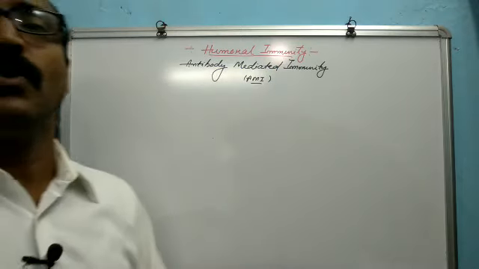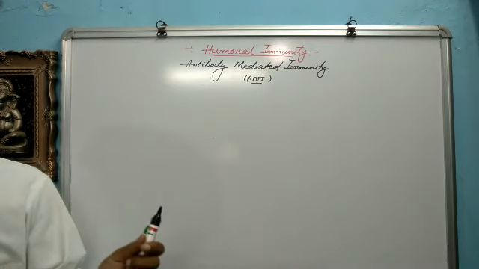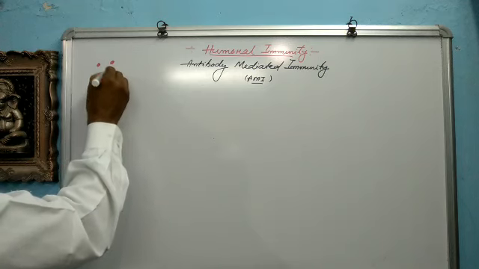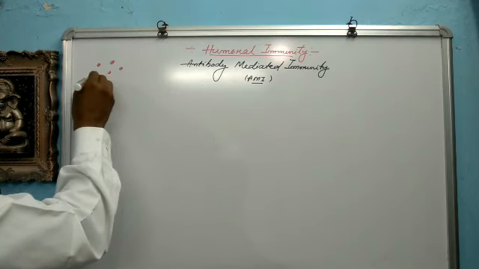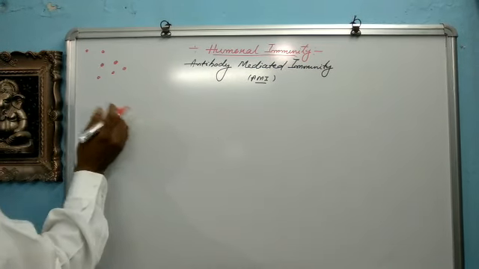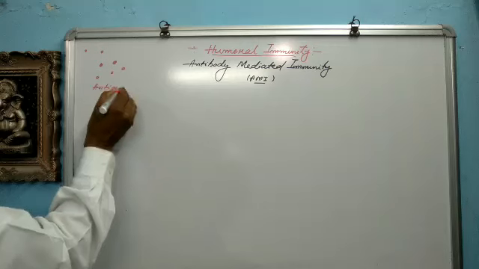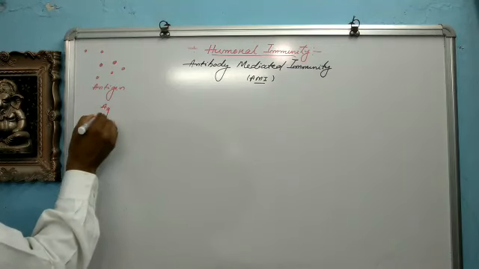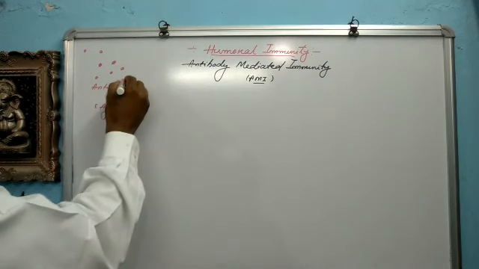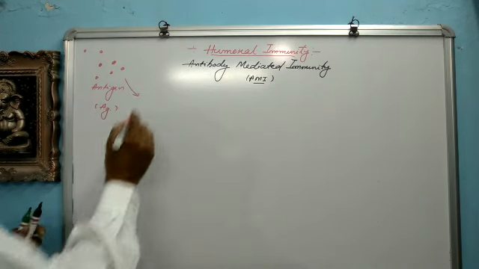So how does it work? Let's see. Suppose these red spots are the antigens. Antigen in short, you may write like this: antigen. If such an antigen enters our body, what is an antigen?